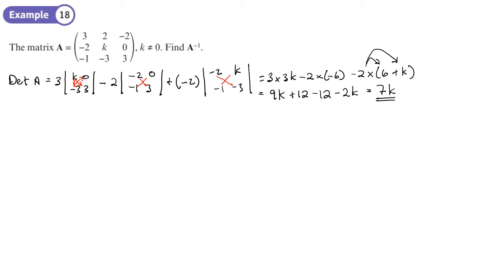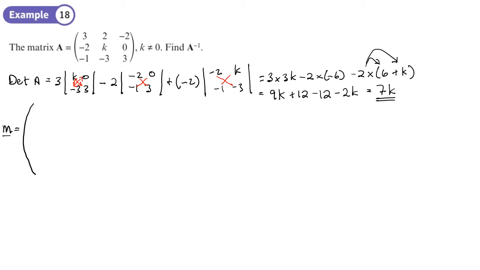Right, next step after that, this is the long step, which is to find the matrix of minors, which we'll call M. So this is going to be working out the minor of every element. Now the first three we already have.